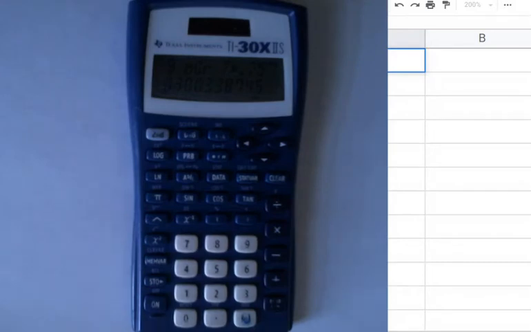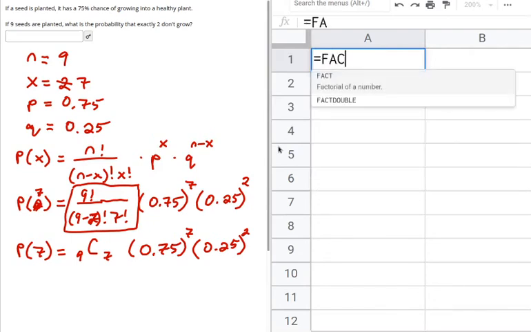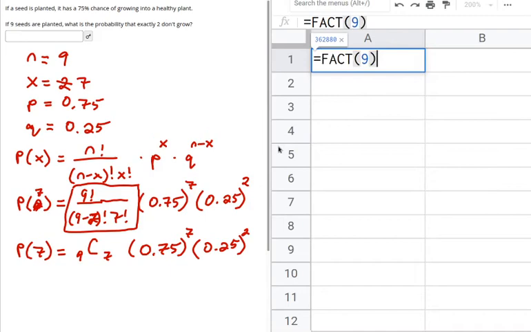Now, if I wanted to calculate this in a spreadsheet, I'm going to give you a few different ways, starting with the most laborious to the easiest. The first way, I could use the fact formula, which calculates the factorials. So I would say equals fact 9, that will be 9 factorial, divided by, and now I'm going to wrap the whole denominator in parentheses.